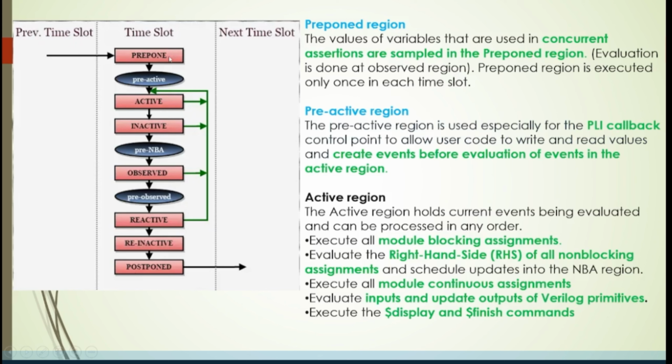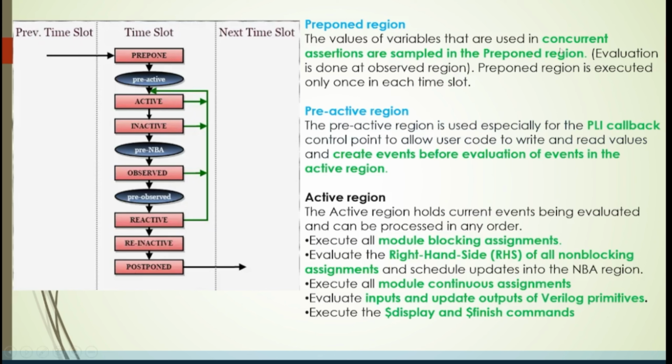The first one is the preponed region. What happens here? For your clear understanding, I have highlighted it in green. In this preponed region, you will be writing assertions. There are two types of assertions, immediate assertions and concurrent assertions.